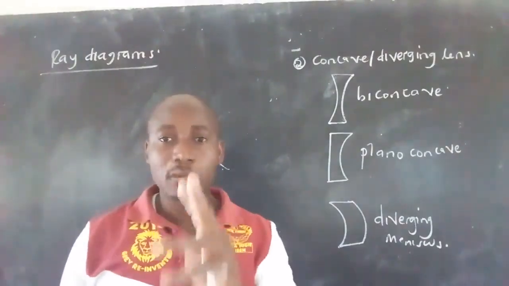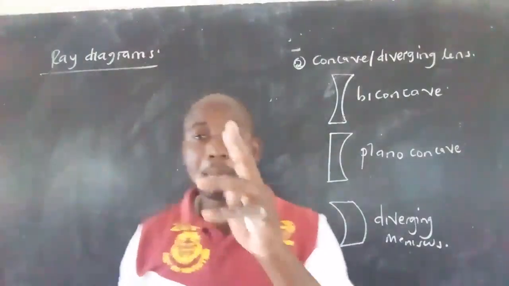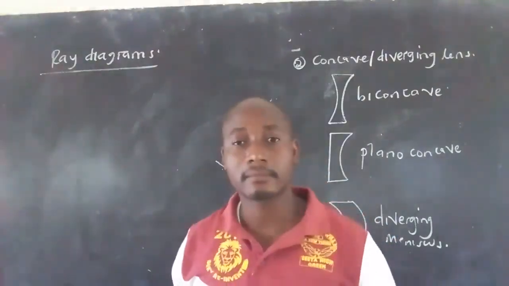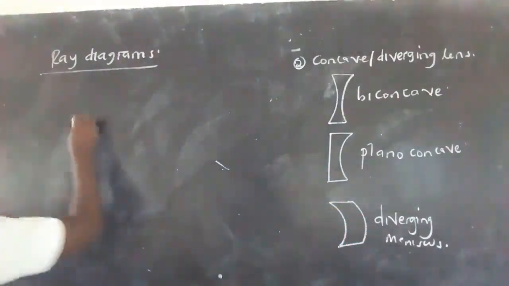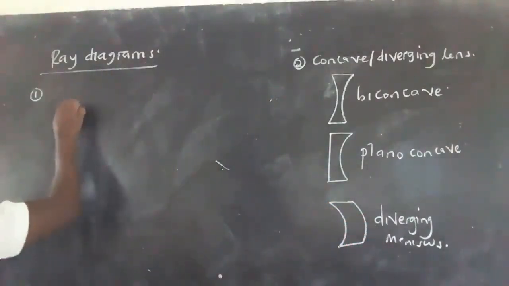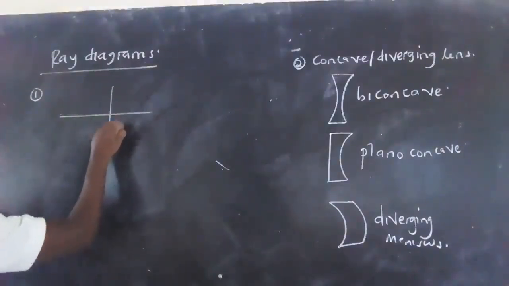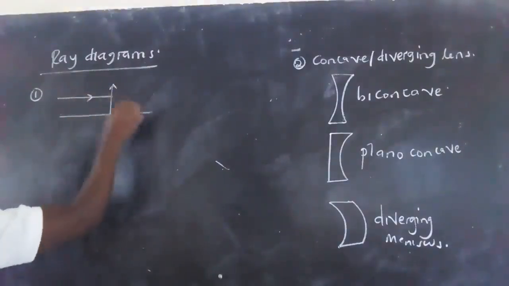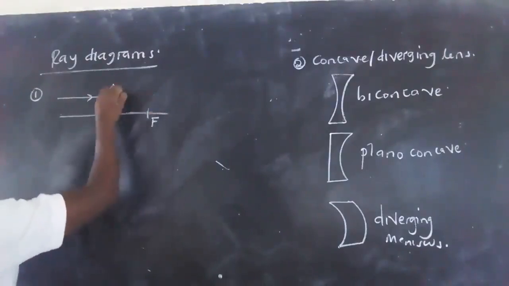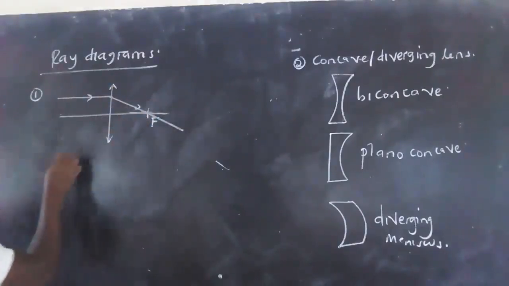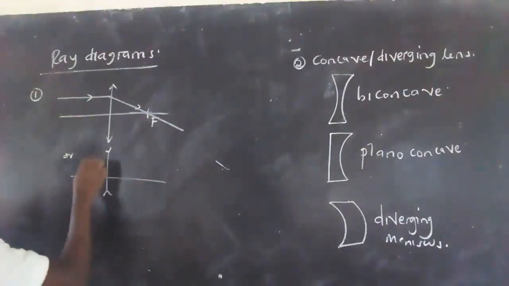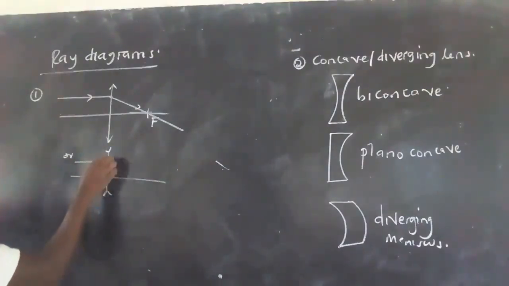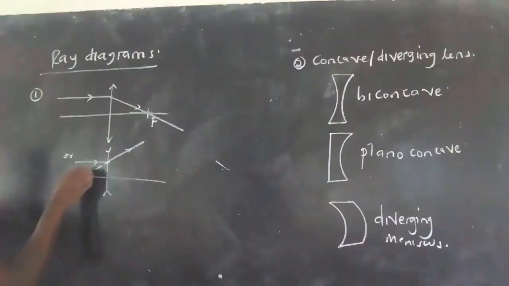The first one: a ray parallel to the principal axis, after refraction, passes through F. Or for diverging lenses, after refraction, it will appear to be coming from F. That's 1.